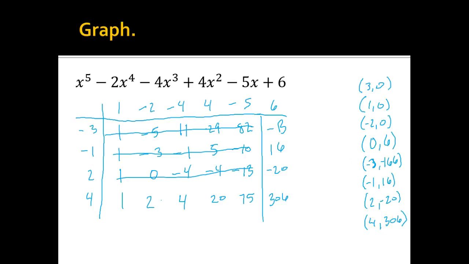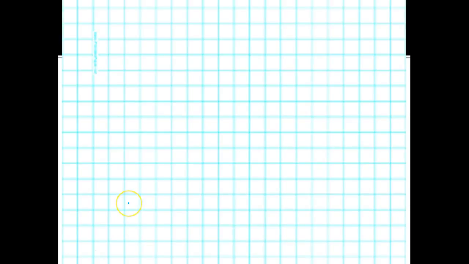Okay, I'm going to go to the next page. I have some graph paper here, and I'm going to create a coordinate plane very carefully. I can't get the 306 and the negative 166, but I'd like to get all the way down to negative 20 and all the way up to positive 16.